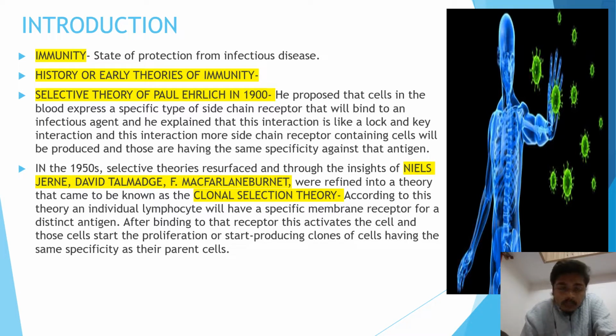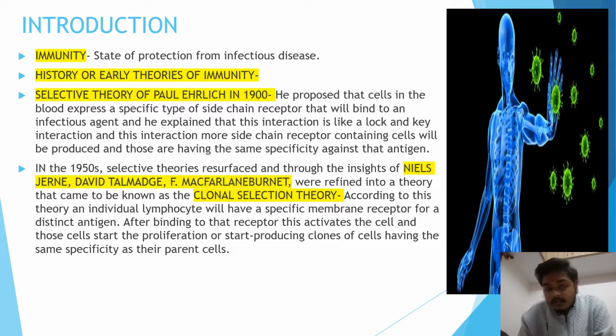In the clonal selection theory, what they are trying to explain is that when an antigen or foreign pathogen interacts with an antibody expressed by a specific type of immune cell, like T cells or B cells, we'll discuss what T cells, B cells and macrophages are later.